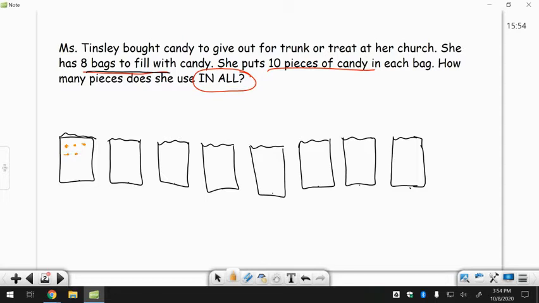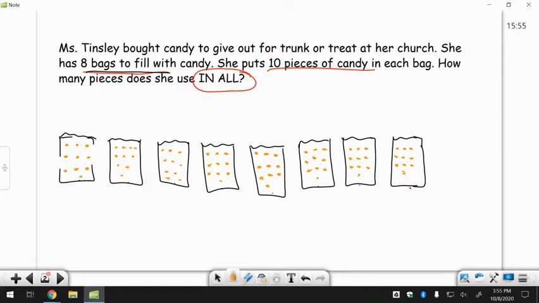Almost there. Whew, that was tiring. Okay, we've got 8 bags with 10 pieces of candy in them.